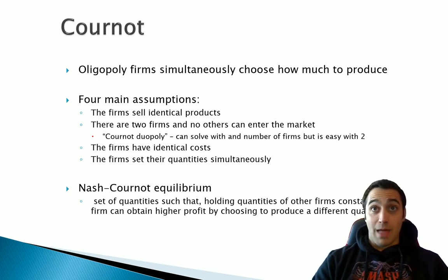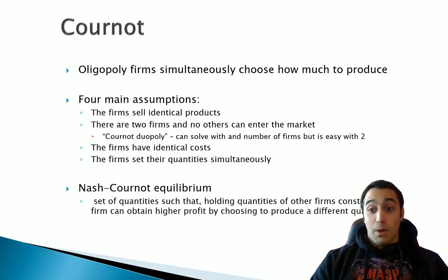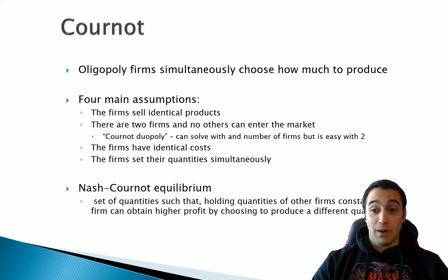We can relax this. If you relax this, it becomes the next game we'll talk about next lesson, namely the Stackelberg game. With this in mind, picture two firms simultaneously picking how much to make in quantity terms. That will influence the price that they can sell it for, and they're both selling the same good. So their decisions influence each other.